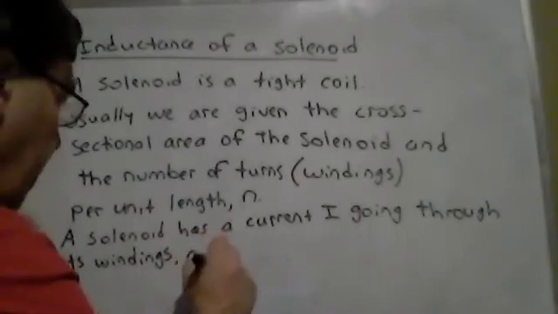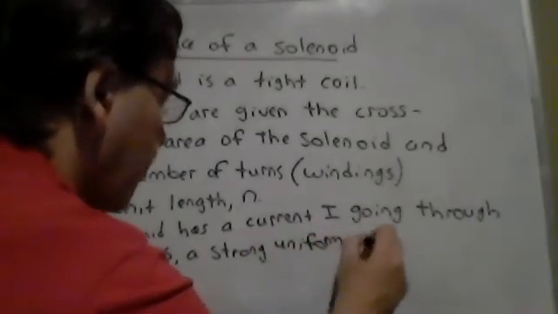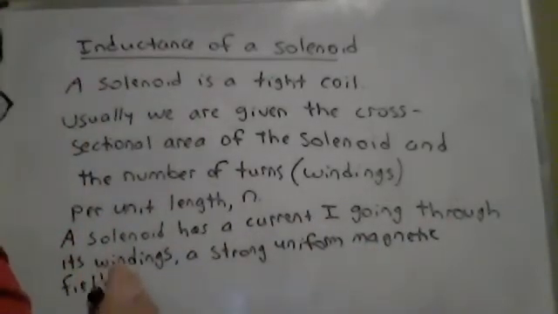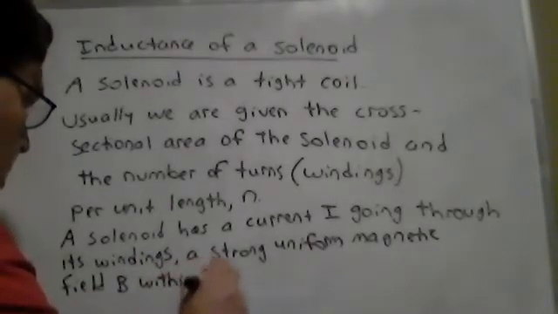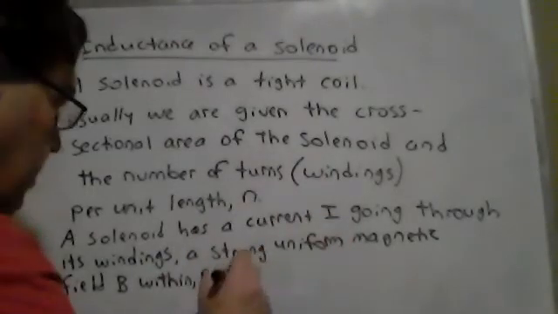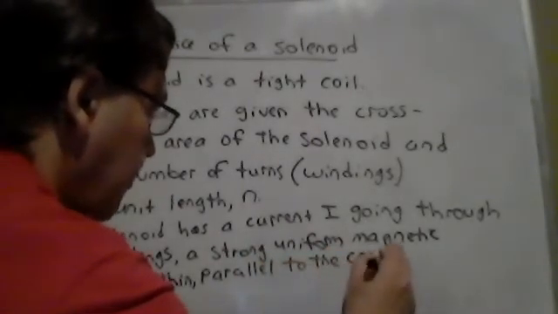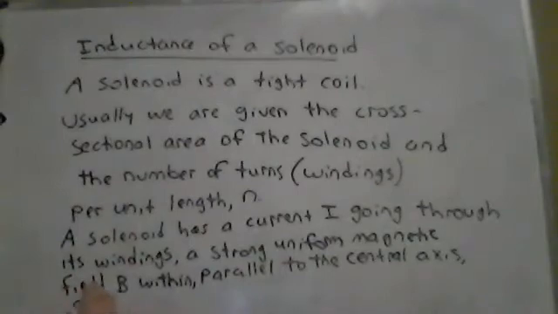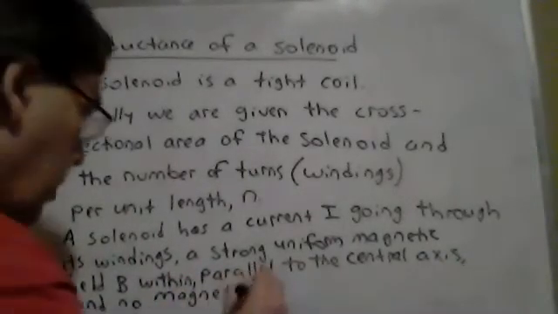A strong uniform magnetic field B within, parallel to the axis, or I guess the central axis, and no magnetic field outside the solenoid.